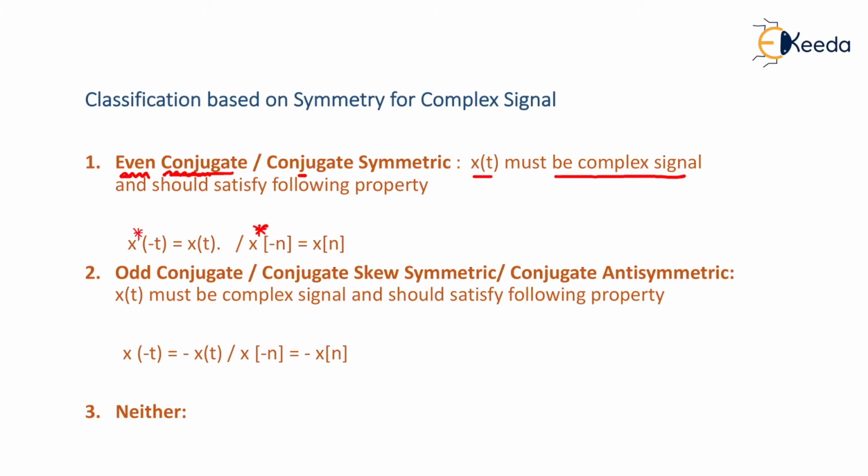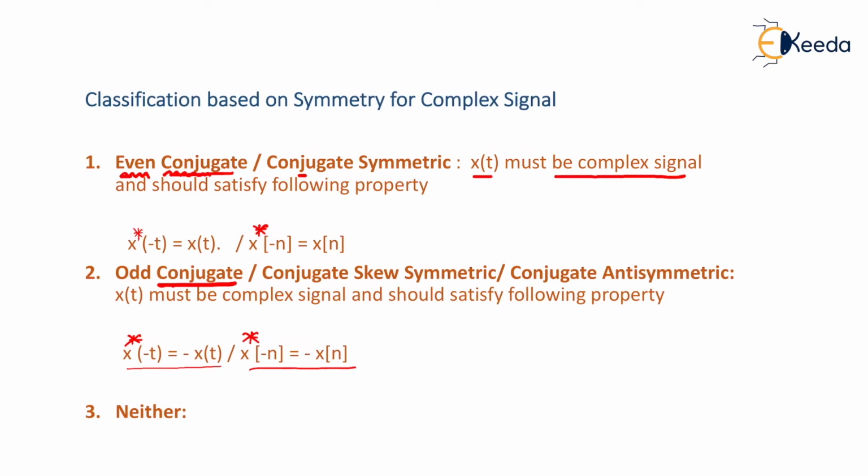Only one thing I'll change, because this equation refers to normal odd symmetry when x of t is real. So I'll add conjugate: x conjugate of minus t should become minus x of t, or x conjugate of minus n should become minus of x of n.